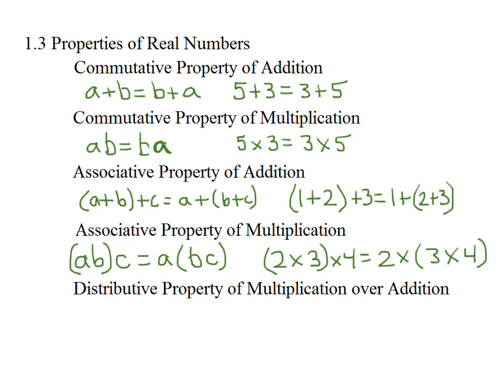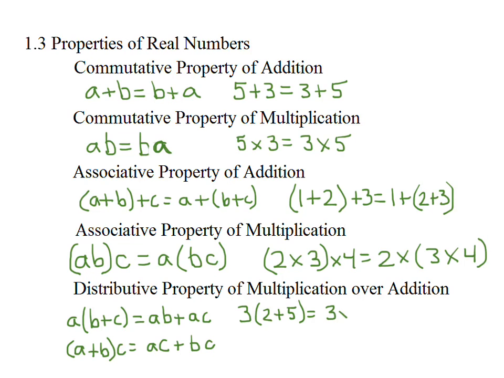Now there's what's called the distributive property, and here's one that may get a little confusing because it's really the distributive property of multiplication over addition. That means that when I'm multiplying a sum of 2 things, I can multiply those individual terms separately and then add them together.